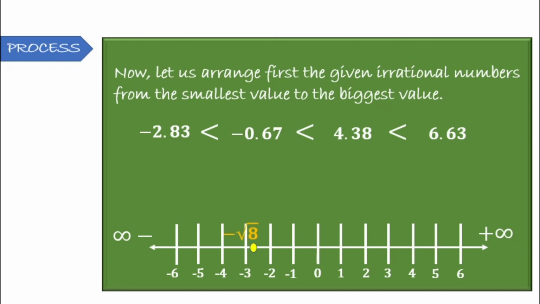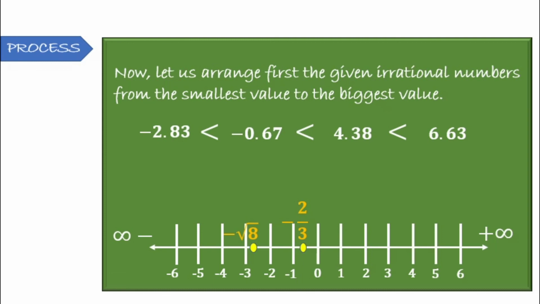Okay, that is negative square root of 8. And second, negative 0.67. So, lapas pa man sila sa 0.5, padung or towards negative 1. So, that's the location, negative 2/3 or negative 0.67, and 4.38.